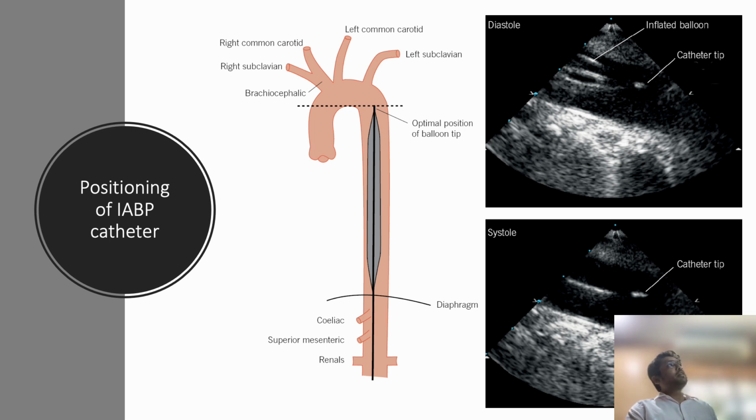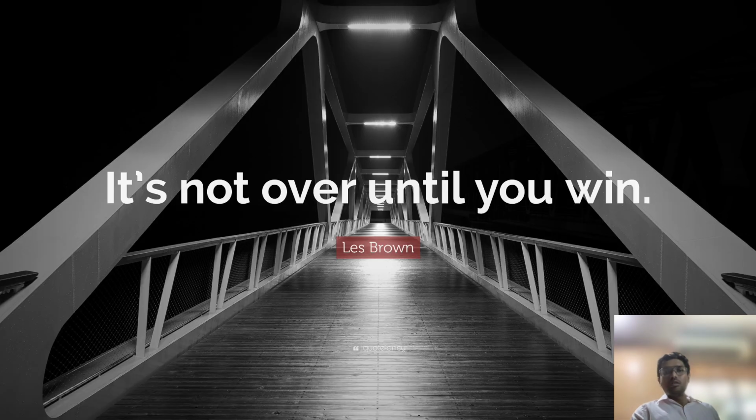If you draw a line, that is the optimum position of this IABP catheter. The IABP catheter has a balloon tip, and during diastole you can see an inflated balloon, whereas in systole the balloon is deflated, so you can see only the catheter and its tip. That's it for the aorta.